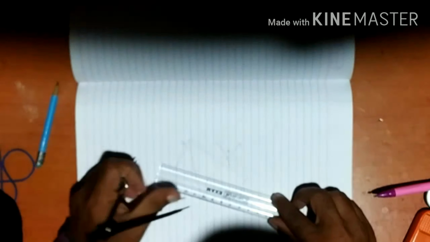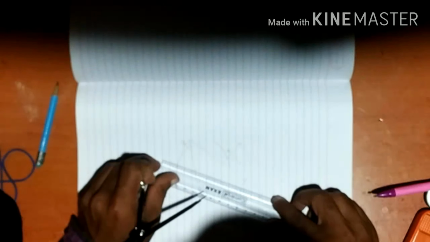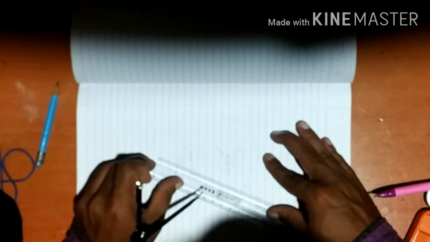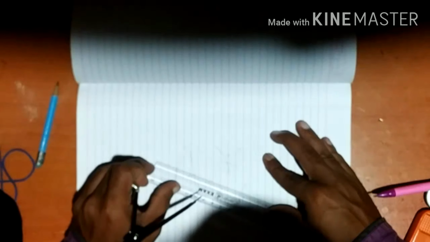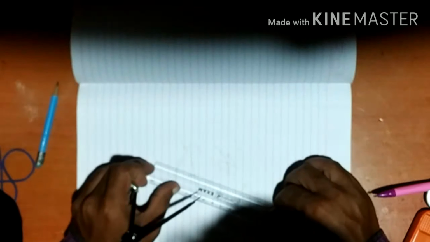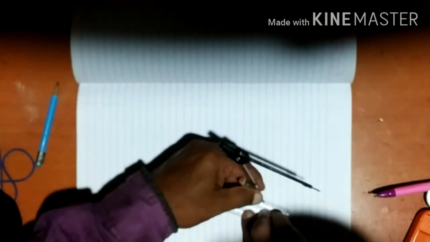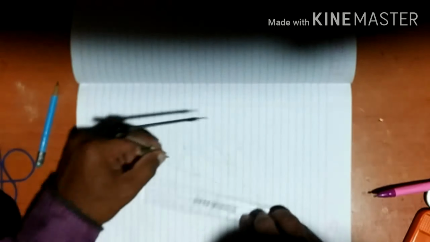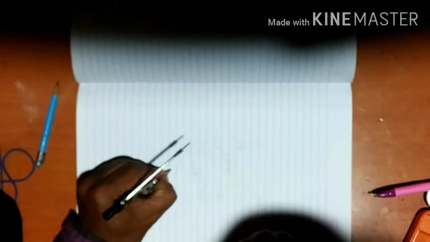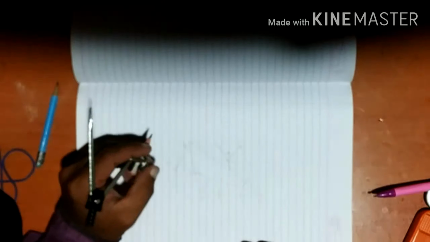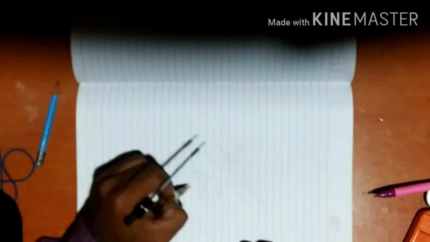Connect this point with the origin of the angle, which is point Z. Draw one ray originated at Z towards that point, passing through that point of intersection of arcs. Suppose that is point B. So ZB is the angle bisector of angle XZY.